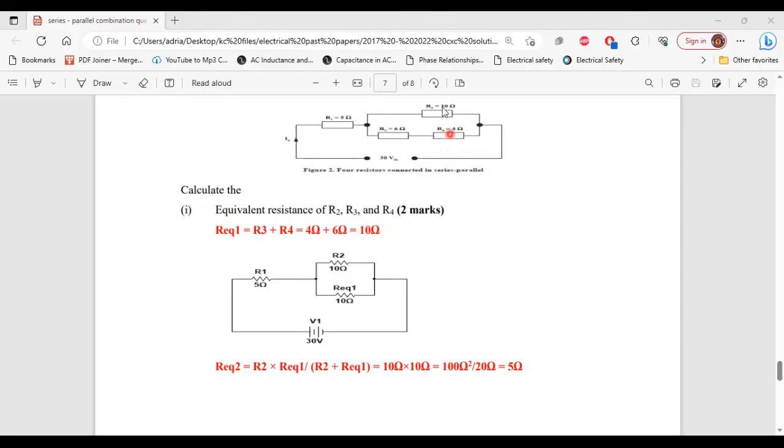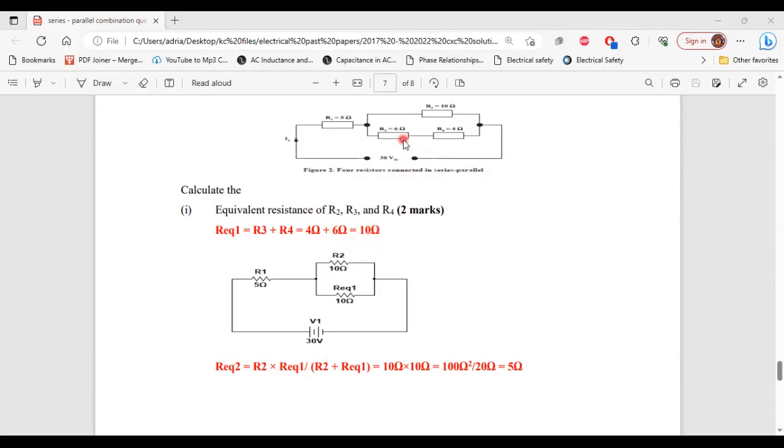Looking at these three resistors, realize that R3 and R4 are in series, so we'll have to work that part of the circuit first. The equivalent resistor value for these two resistors in series, we're going to call Req1. So Req1 is equal to R3 plus R4. That will give us 4 ohm plus 6 ohm, which is 10 ohm.